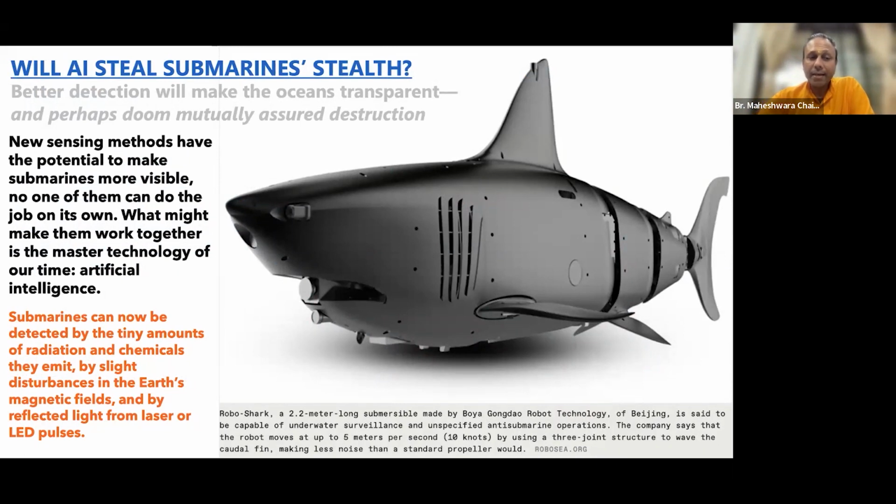And they can now be detected by tiny amounts of radiation and chemicals they emit, by slight disturbances in the Earth's magnetic field, and by reflected light from laser or LED sources. This is a 2.2 meter submersible made by one of the Chinese companies. So that is the way in which it is growing.